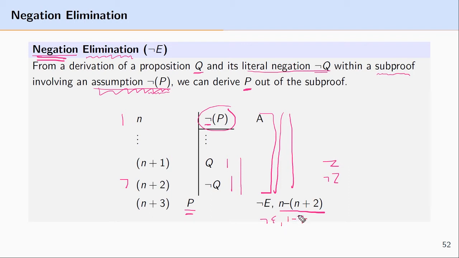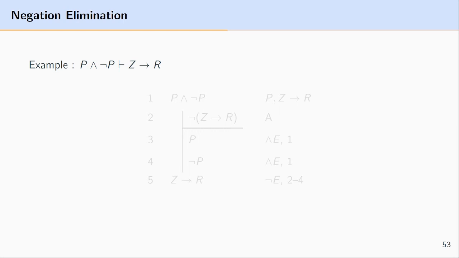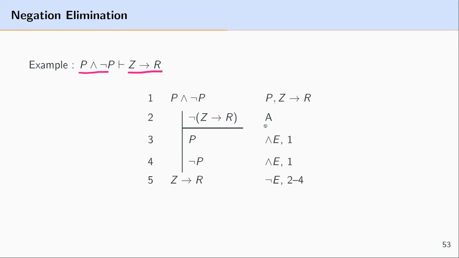Okay, now let's talk through these two rules in more general terms. But before we do that, let's look at an example. Here's an example that will make use of negation elimination. The proof here starts with P and not P, and then we're asked to derive Z right arrow R. So we start the proof by assuming not Z right arrow R. You'll notice that our assumption is the literal negation of the formula that we want to derive.